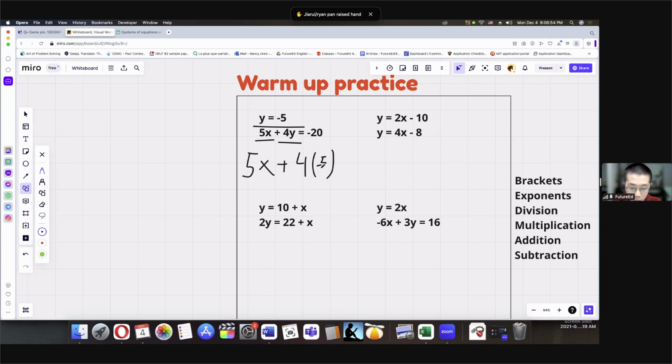Okay, so we have 4 times -5 is equal to -20. So what is 4 times -5? -20. Okay, so we have 5x plus -20 is equal to -20.